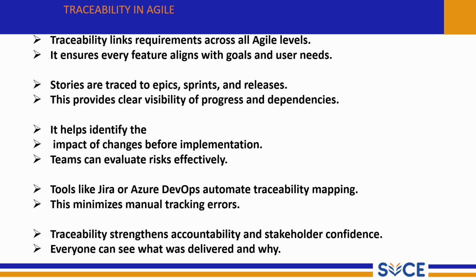It helps them identify the impact of changes before the implementation. If someone asks for a change in the requirements, through traceability, we can check how the change will affect other parts of the system. This way, the team can understand the impact before making the change.